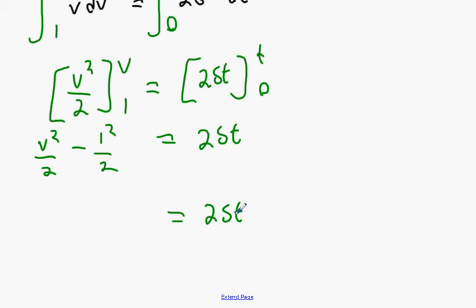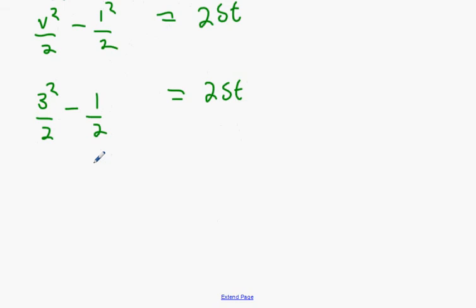The whole point is you're looking for the time, yeah? So you might as well put in your upper limit of 3. So it'll be 3 squared over 2 minus a half equals 25t, which is 9 over 2 minus 1 over 2, which is going to be 4. 4 equals 25t, and then cross multiply down, t equals 4 over 25.